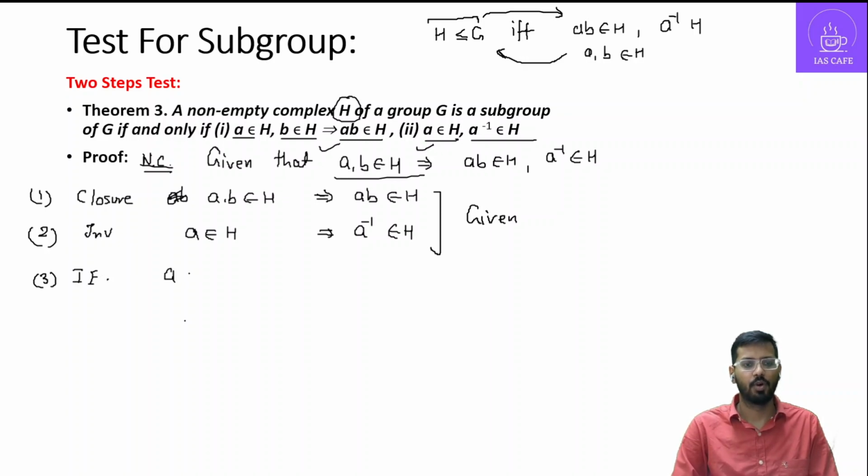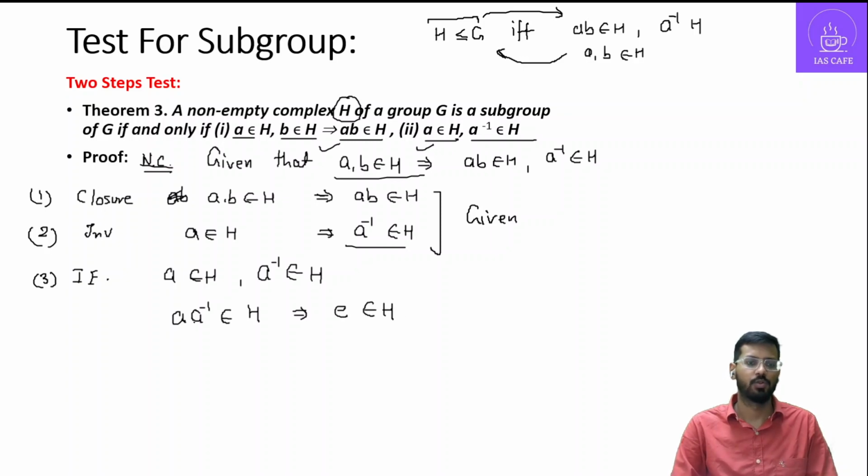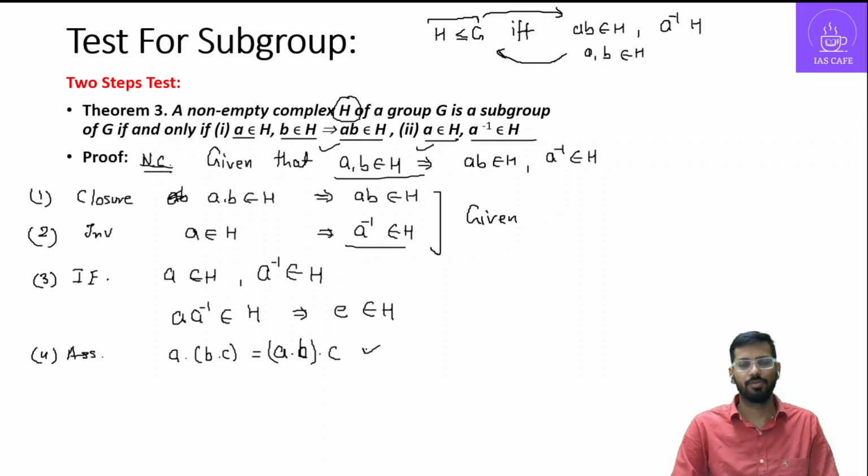For that, if we take a belonging to H, by the second property A inverse also belongs to H. Now by closure property, A dot A inverse should belong to H. That means the identity element belongs to H, so the identity element is also in the same set H. Now fourth is associativity: (AB)C equals A(BC), and that will also be satisfied.